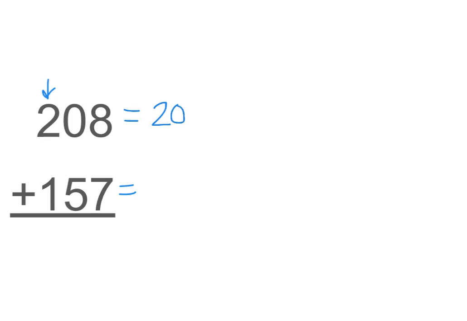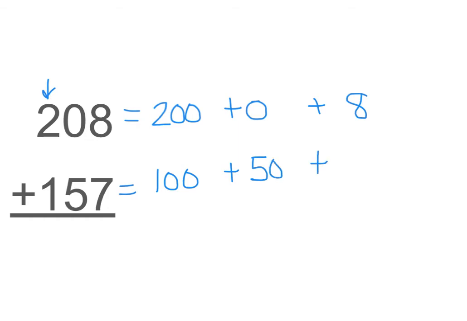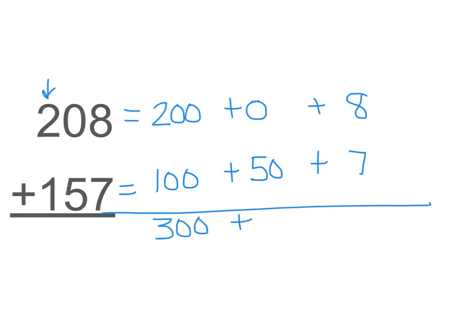So 200, make sure you put a plus 0 as a placeholder. That way when we write our plus 50, it keeps it all lined up. 200 plus 100 equals 300. 0 plus 50 is 50. 8 plus 7 is 10 plus 5, or 15.